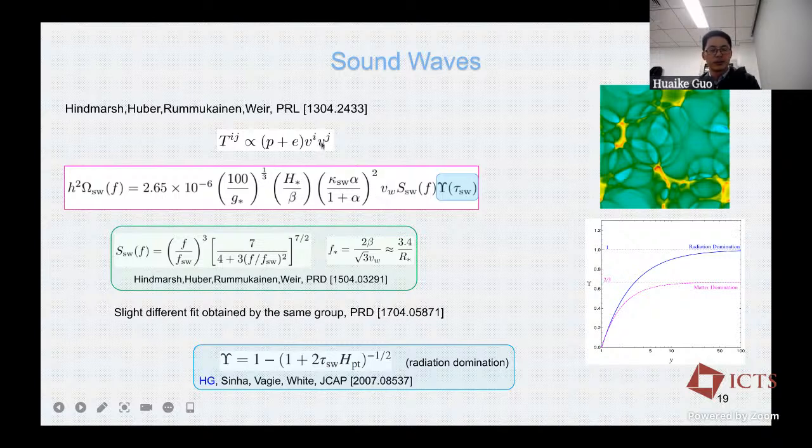This might look complicated, but it actually comes from the perfect fluid form, the one that we usually use in cosmology. The spectrum was obtained by the Helsinki group from numerical simulations, and this factor comes from the modeling, following the sound shell model.